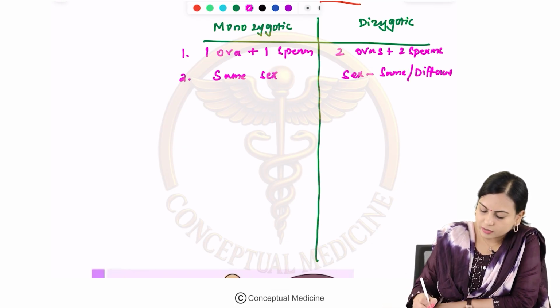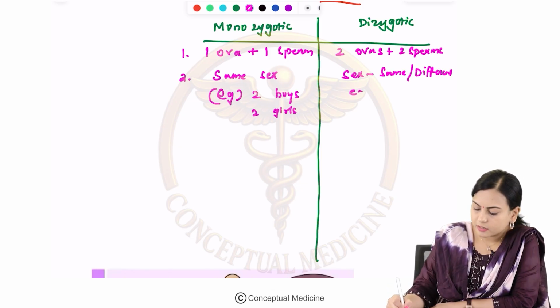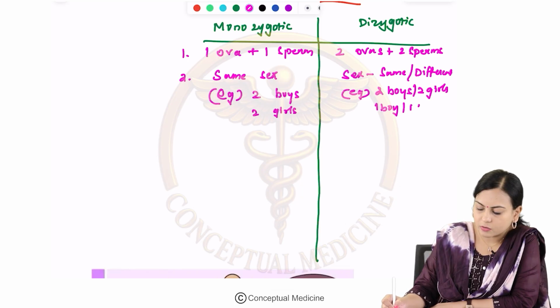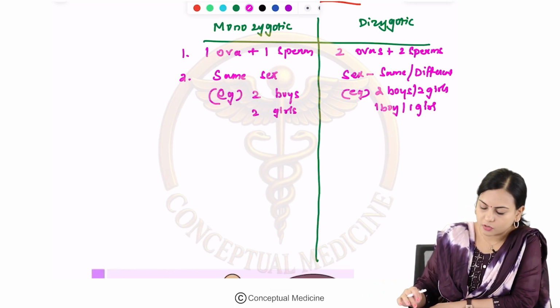Okay. So, here for example, you will have either 2 boys or 2 girls. Okay. And here you will have either 2 boys or 2 girls or 1 boy and 1 girl combination. Okay. So, these are possible.